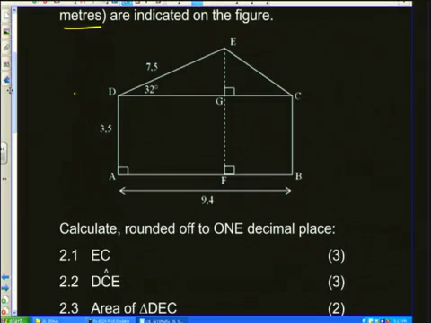Now, I like to go to my diagram and mark the side that I need in relation to what I have. So I've got that length, and I've got this angle.